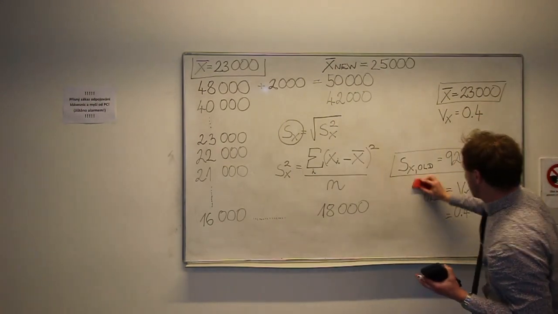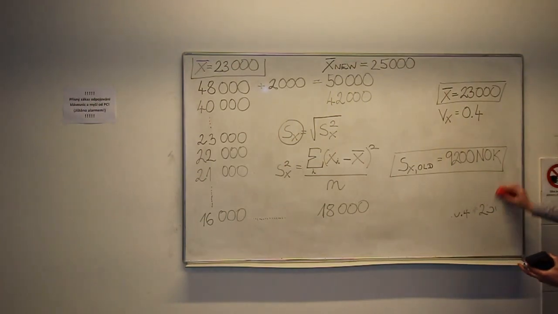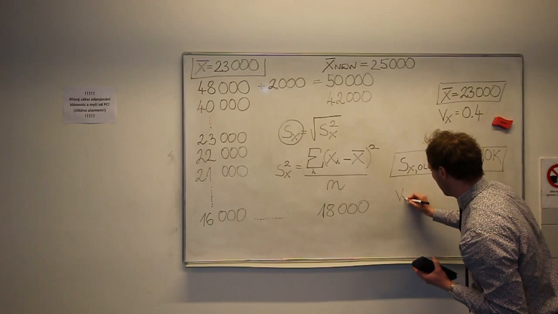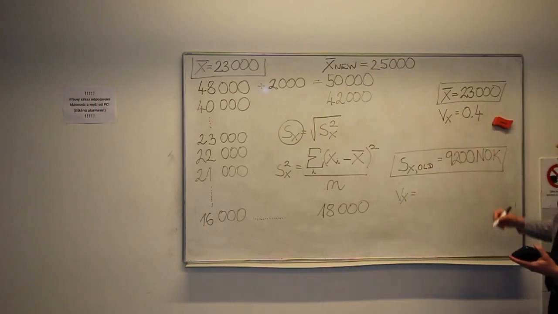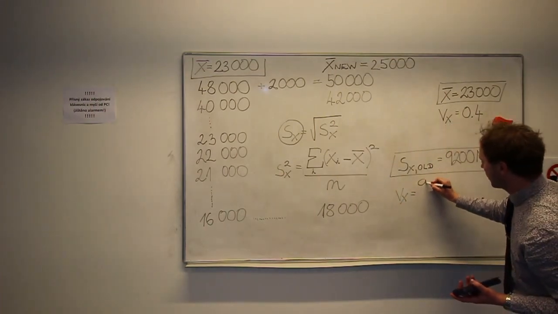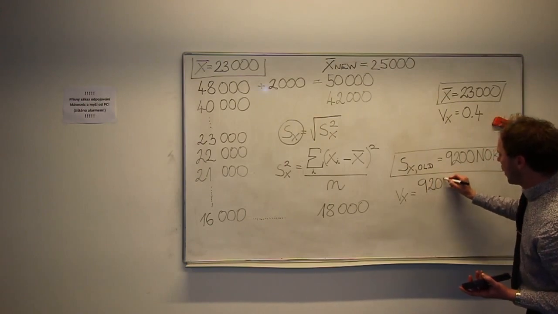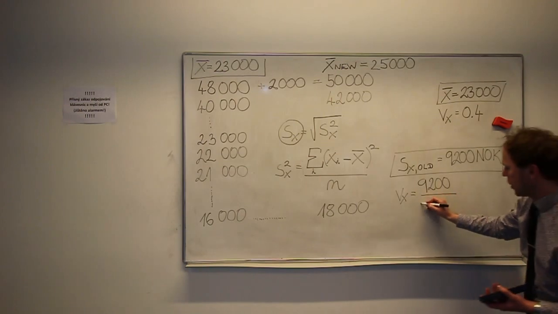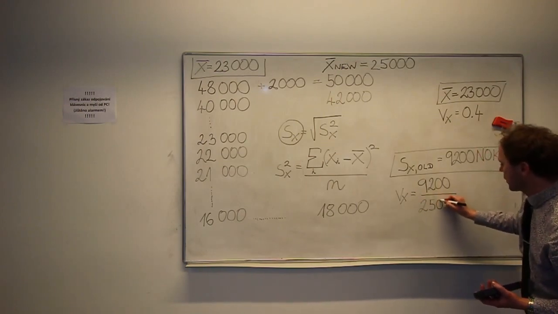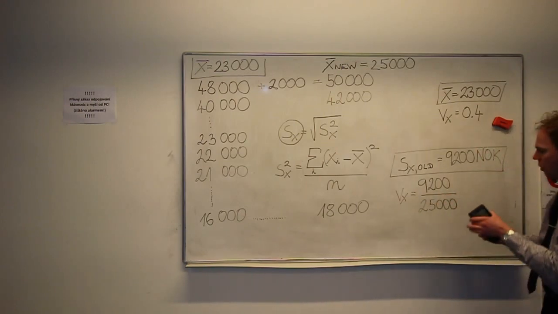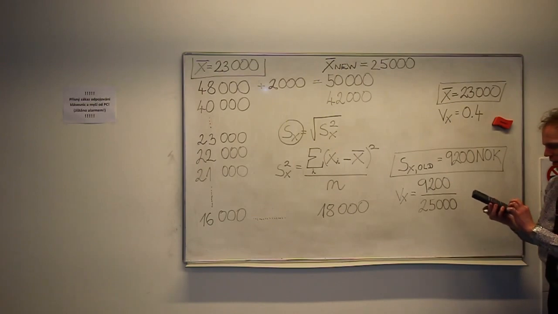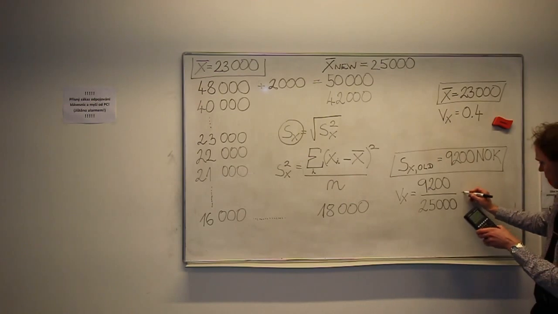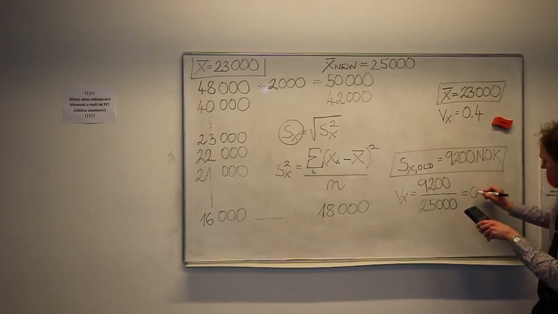This will be deleted, and here I will calculate Vx equal to the standard deviation 9,200 divided by the new mean, new average, 25,000.